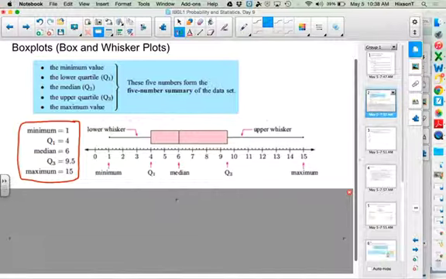So what you would do is have a number line going below your box and whisker plot. You need to mark your minimum point and mark your max point, with just points. Those are going to be the ends of the whiskers.